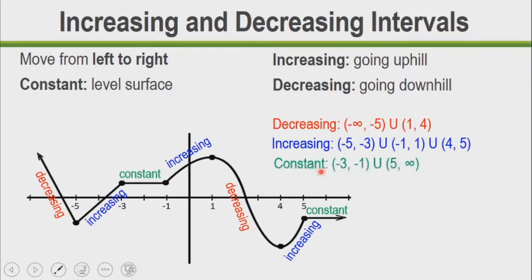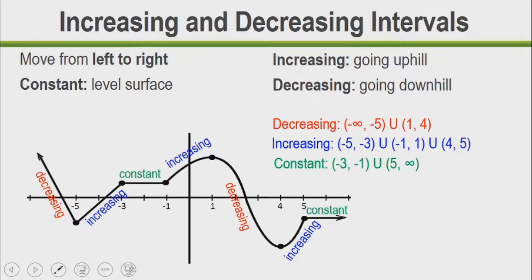So that's why we can write that from negative 3 to negative 1, the function stays the same, and from 5 to positive infinity, the function is constant. So that is how to write increasing and decreasing intervals. You write them focusing on the interval of the x value as you are going from left to right along the function.